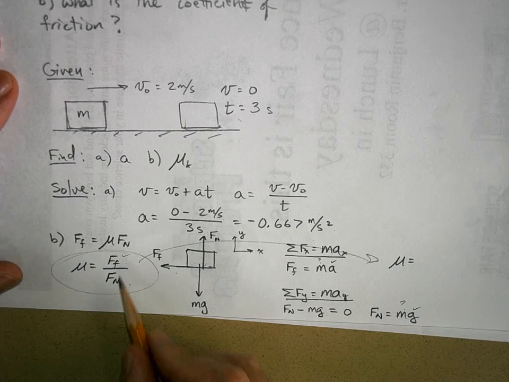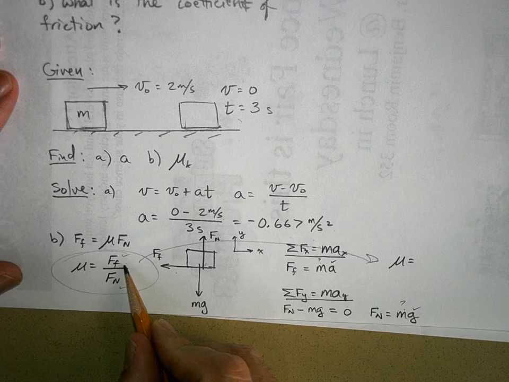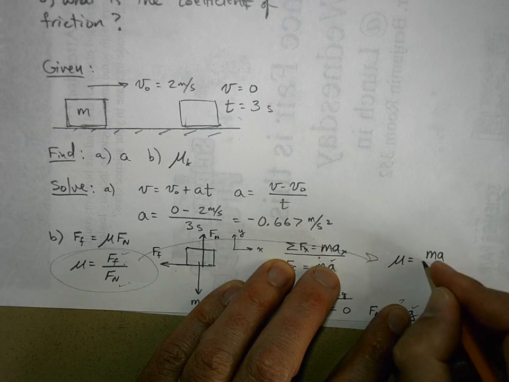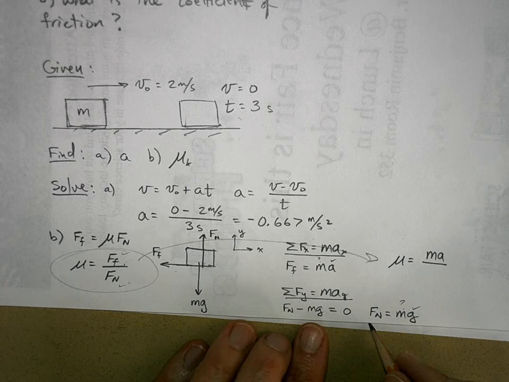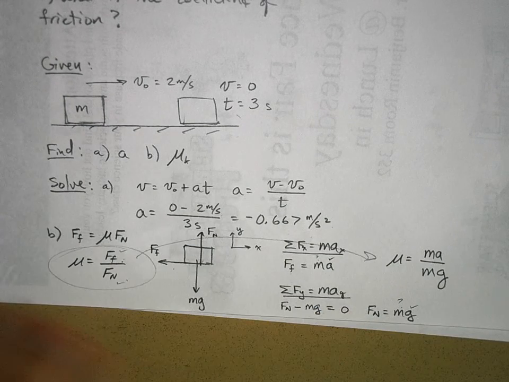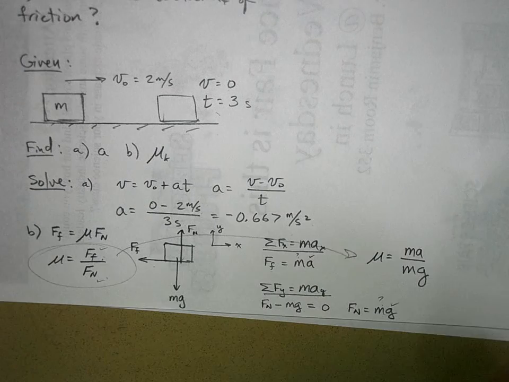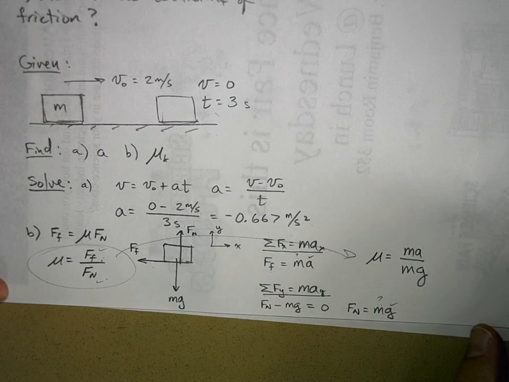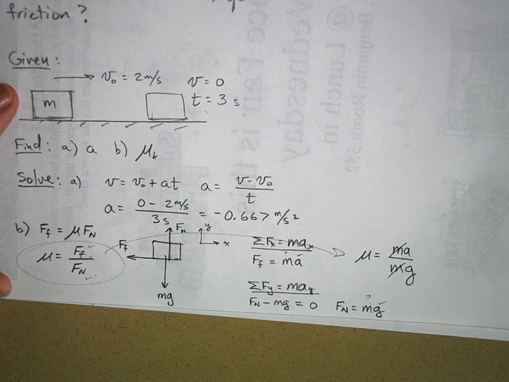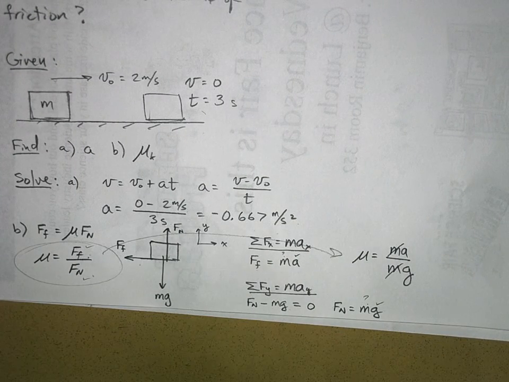Mu is equal to the force of friction, but we said the force of friction is equal to ma. And the normal force is equal to mg. So what do we see is happening to the mass as I'm trying to calculate my coefficient of friction? The mass cancels out. So I don't need to give you the mass.